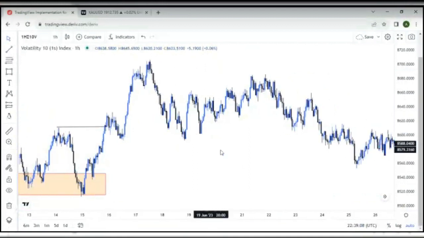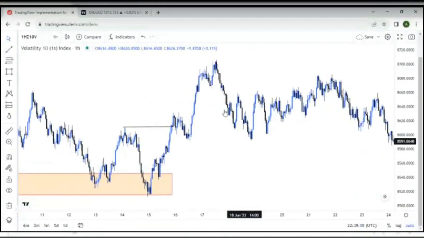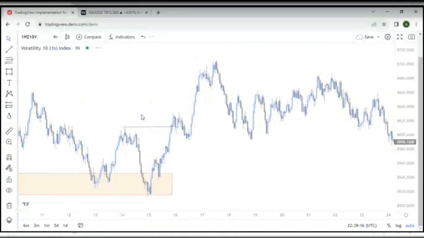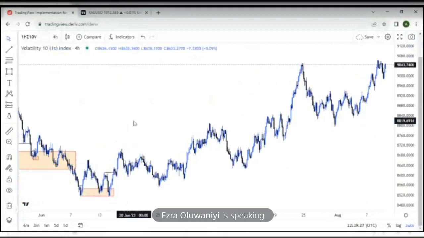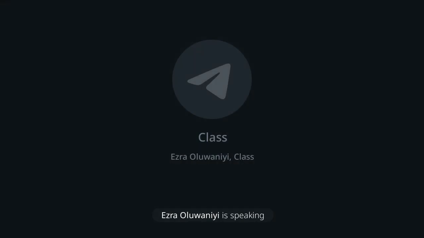Coming first, I think I used H4. I marked this zone on weekly, basically. Sorry, I used H4 for these trades.